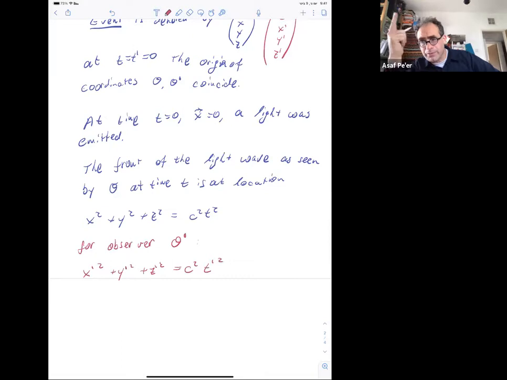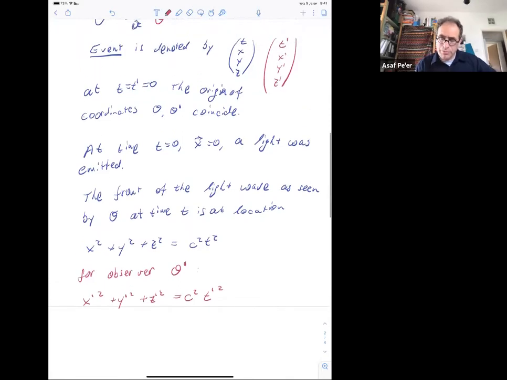The second point: do not mix coordinates. The coordinates without the primes, the ones that I wrote in blue, t, x, y, and z, this is what the blue observer has.